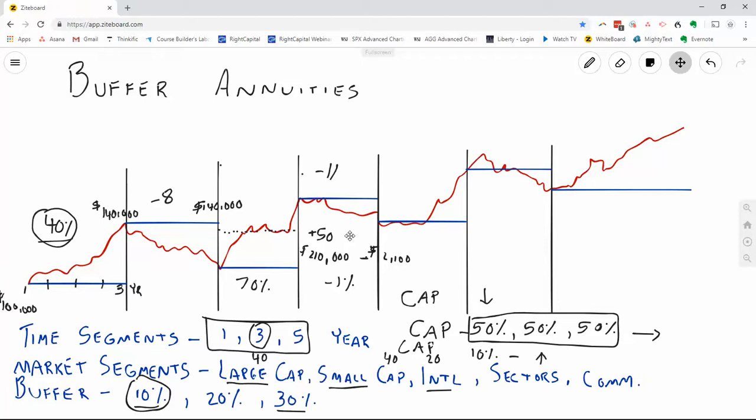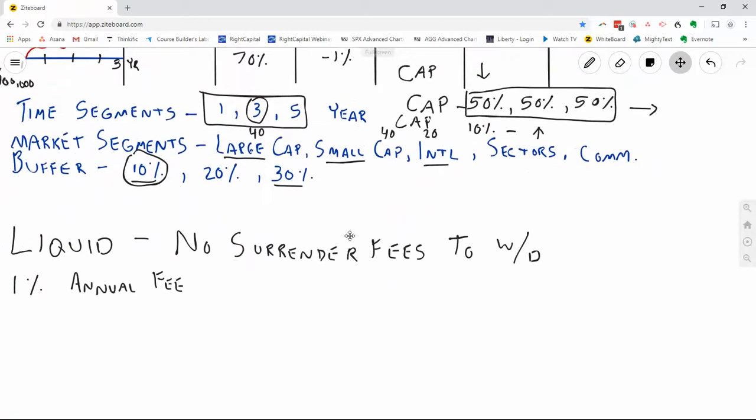But it's very unique in the sense that it's a fully liquid investment that allows us to capture a much higher cap rate. If you're using an annuity in order to safely grow money, then it's very, very difficult to get high cap rates. Say, for example, you were using a typical non-buffer annuity.